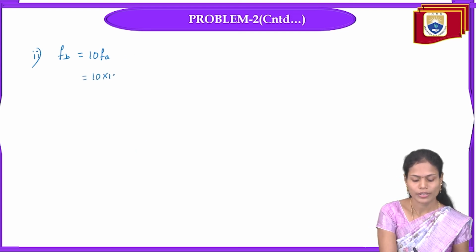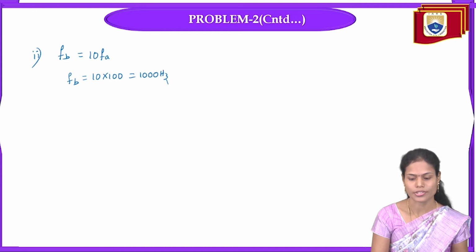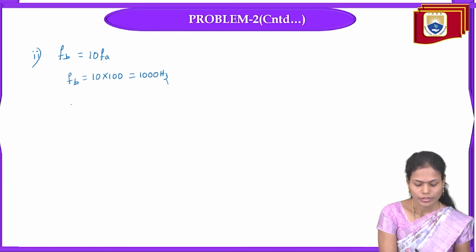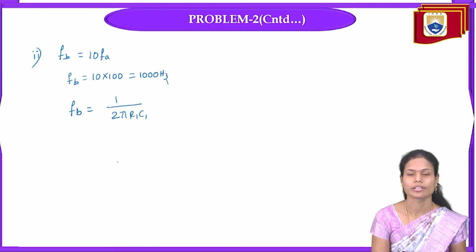So 10 into 100 is 1000 Hz. The second cutoff frequency is 1000 Hz, and the formula for FB is 1 by 2 pi R1 C1.